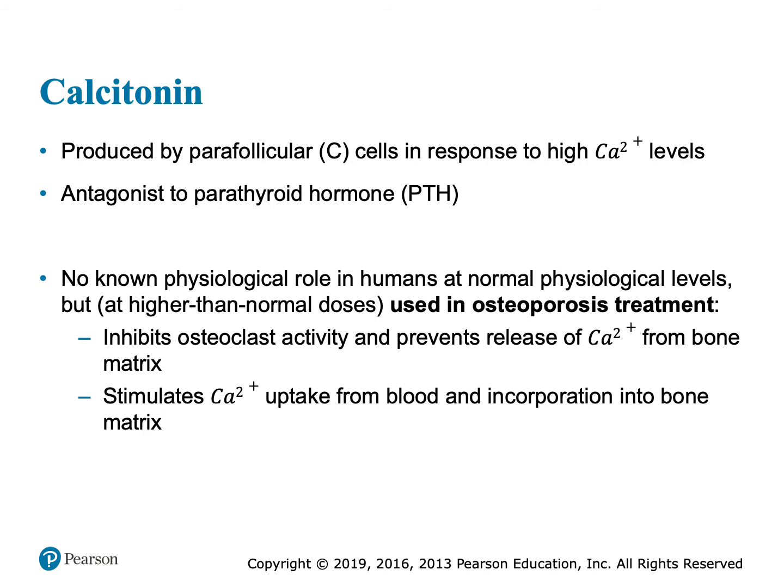That's why we don't really see calcitonin causing disease very often, because parathyroid hormone is the guy that's really in charge of calcium. But recently they've started using calcitonin as a treatment for osteoporosis, which is a disease where your body is getting little holes in it. It's definitely genetically linked.